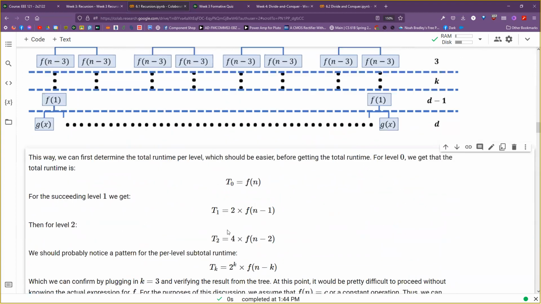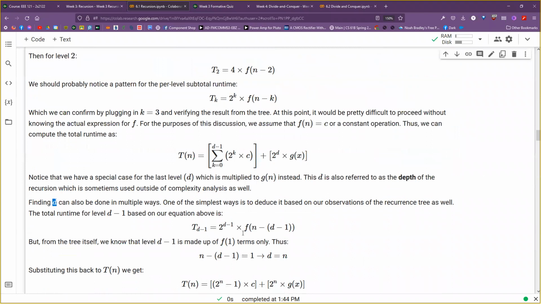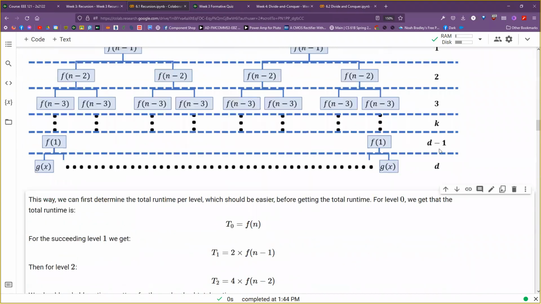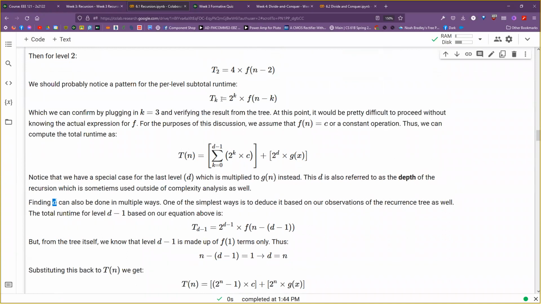To get that, we use the observation that at the last level, d minus 1, f of 1 is our function, but the one above must also be true. So T of d minus 1 is 2 to the d minus 1 times f of n minus d minus 1. When you simplify this, you get that d is equal to n.